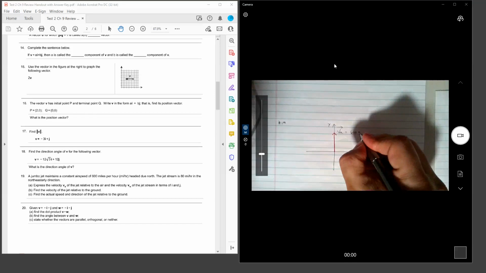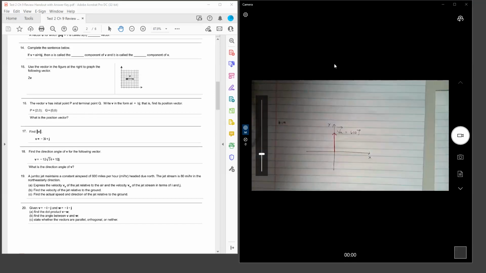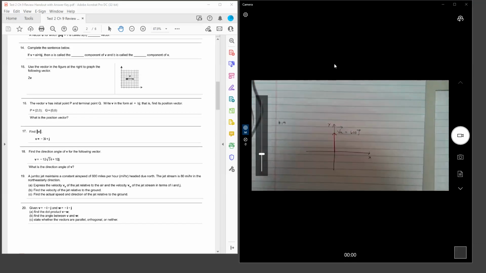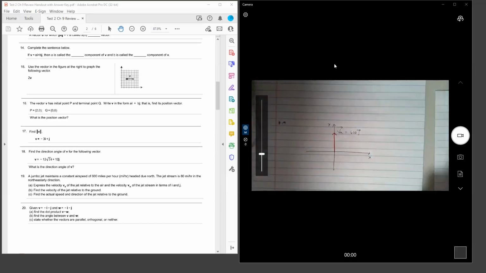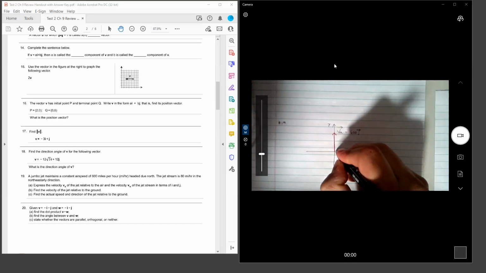So that will be j, 600j. And then we have this jet stream that is 80 miles an hour in the northeasterly direction. So something that looks like this.